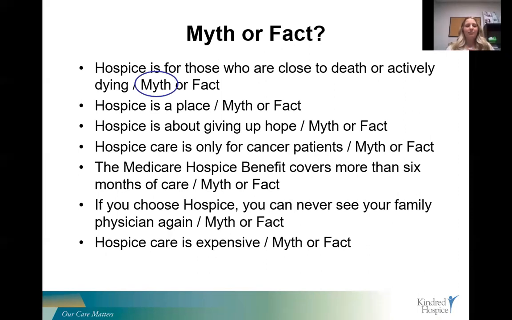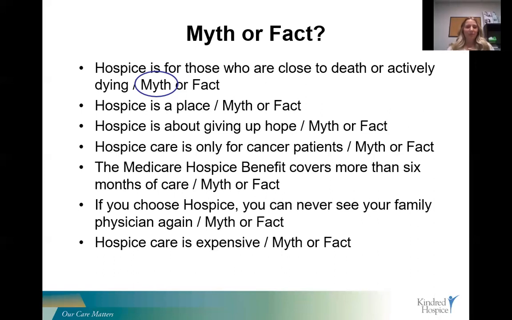So the earlier the need for hospice is identified, the more benefit that the patient and the family actually receive from the care. So it leads to a higher quality of life, a higher level of trust with the people that are coming in to help care for your loved one.